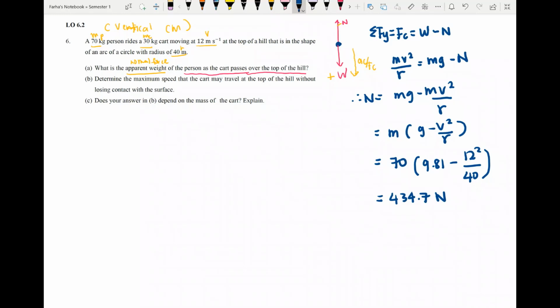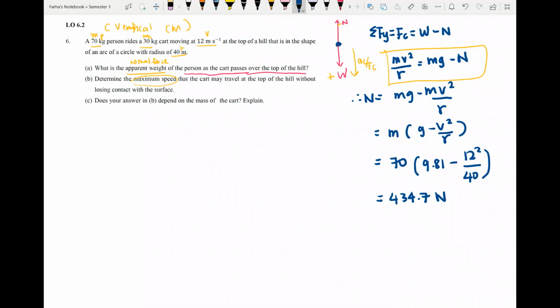Dan kita pergi B, determine the maximum speed that the cart may travel at the top of the hill without losing contact with the surface. Kita masih lagi berada di position yang atas. So kita boleh terus gunakan formula yang kita dah derive tadi. Okay, iaitu yang mv square over r equals to mg minus N. Tetapi keadaan ni bila dia kata dah maximum speed, kita kata iaitu normal force tu akan equals to 0 sebab dia seolah-olah dah tak ada contact antara surface dan juga kita punya kite.